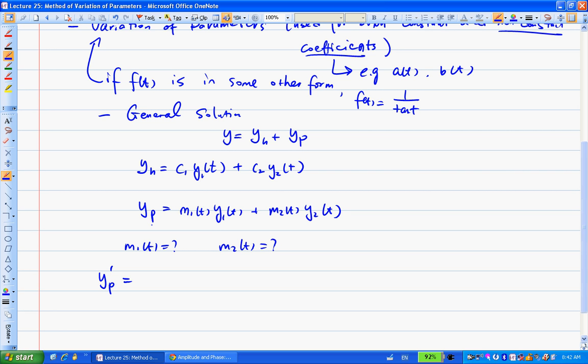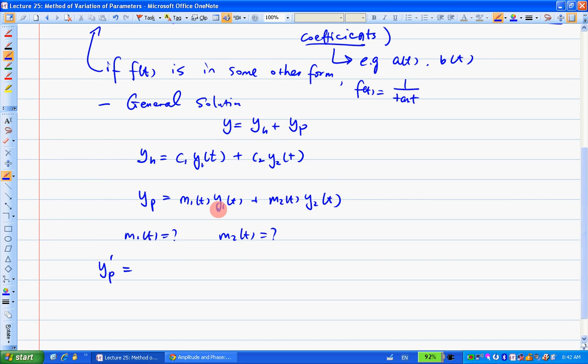This derivative is a little long because you have two terms. Applying the product rule for the first one, I get m1 prime of t y1 of t plus m1 of t y1 prime, plus m2 prime of t y2 plus m2 of t y2 prime.